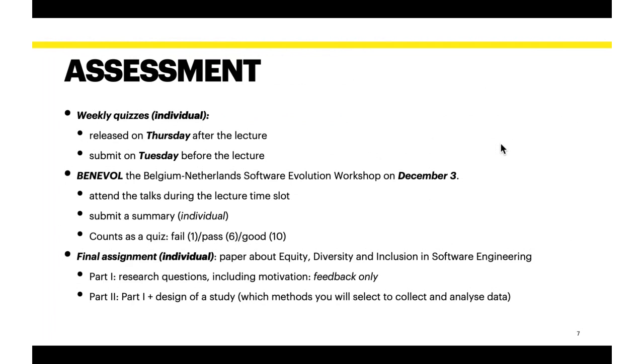And then based on this feedback, you should revise part one and extend your document to include the actual design of a study. So which methods you're going to use in order to collect the data, which methods you're going to use in order to analyze the data, and what kind of threats are involved in this kind of analysis.